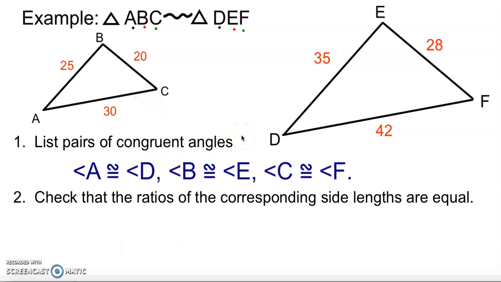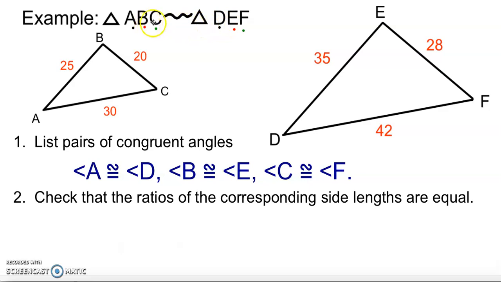And then the ratios of the corresponding side lengths. Again, we're going to look at the similarity statement. This is a similarity statement, and this is what drives the similarity situation. So in this case, I have segment AB with the black and the red, which is going to correspond with segment DE with the black and the red.